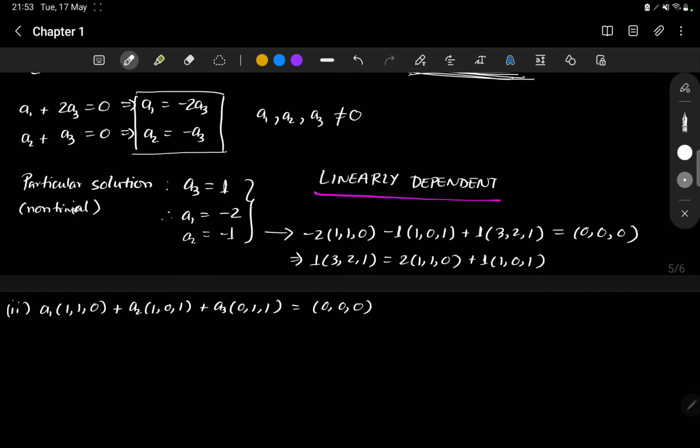So again, let us use scalar multiplication.